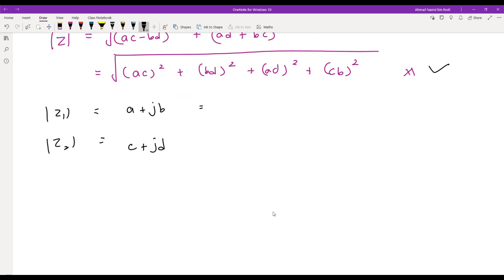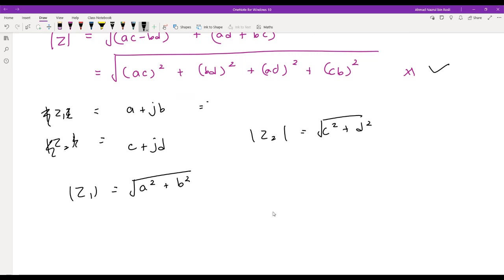So this one is equal to Z1. The modulus of Z1 is the square root of A square plus B square. For Z2, it is equal to the square root of C square plus D square.